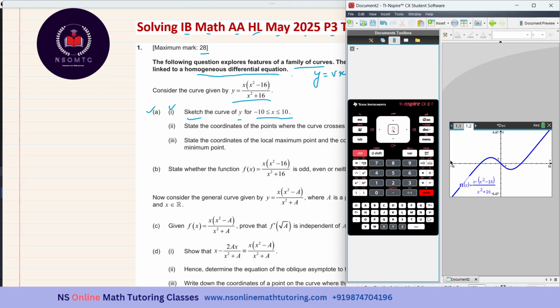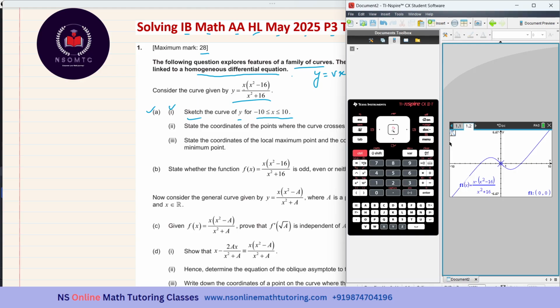Enter. And it is from negative 10 to positive 10, the x values. And of course, I need the y values when x equal to negative 10 and when x equal to positive 10. For that, I can use the graph trace. Yeah, when x equal to 0, y equal to 0, that is obvious.